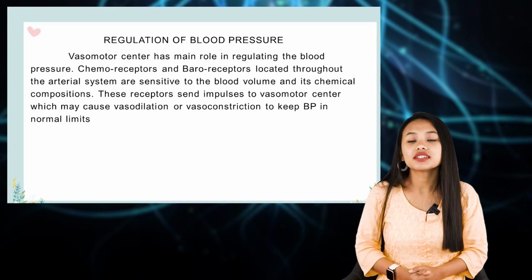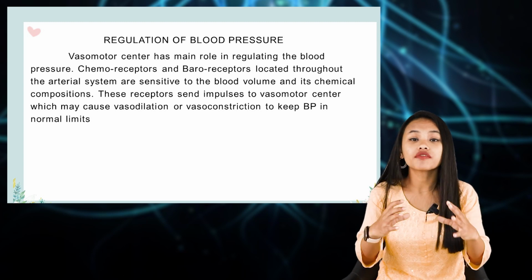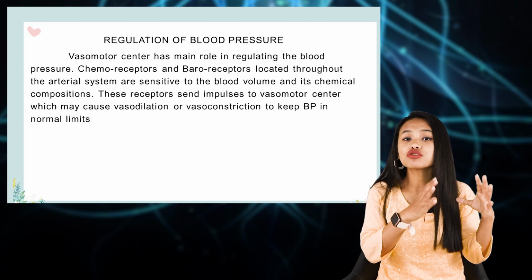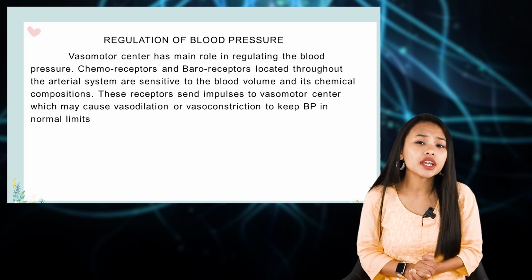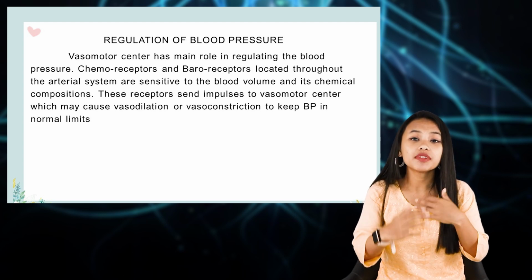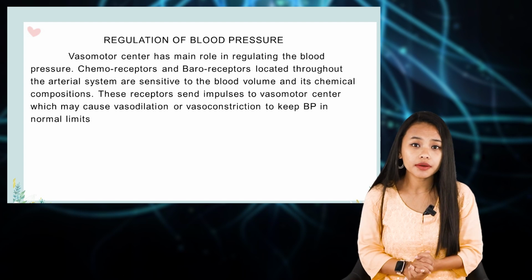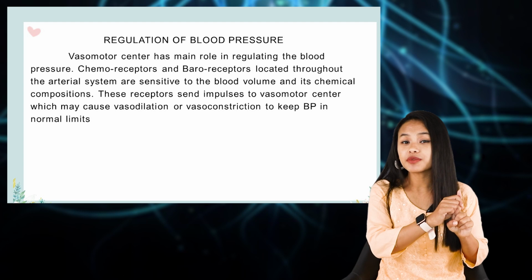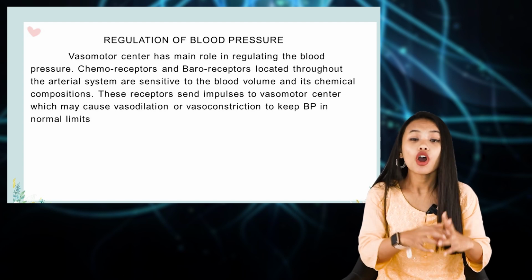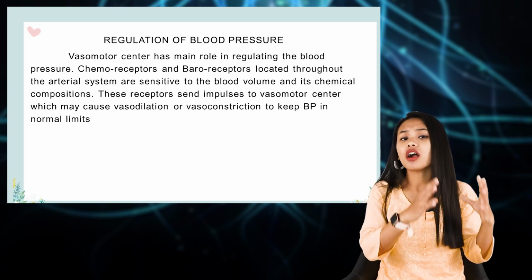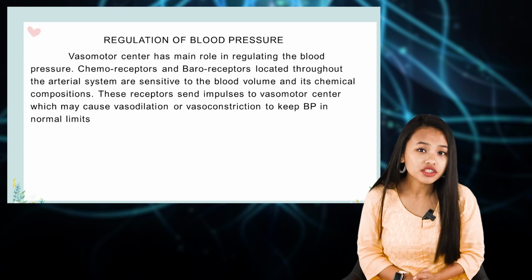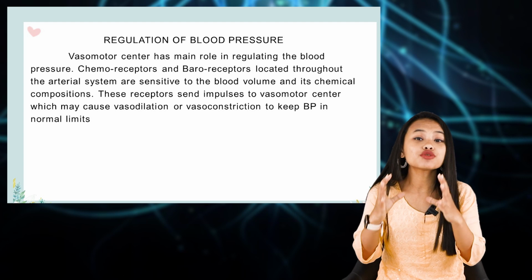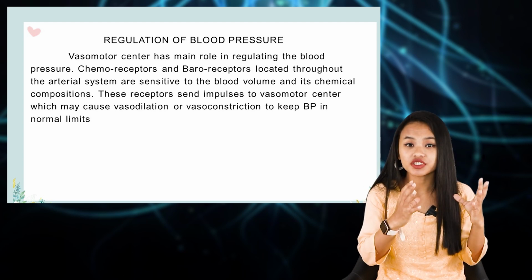Now moving on to the next, that is the regulation of the blood pressure. So here, as we all know, the vasomotor center has the main role in regulating the blood pressure throughout our body, right? So here the two receptors, that is the chemoreceptors and the baroreceptors, which are located in the arterial system, are very sensitive to the blood volumes as well as its chemical composition.